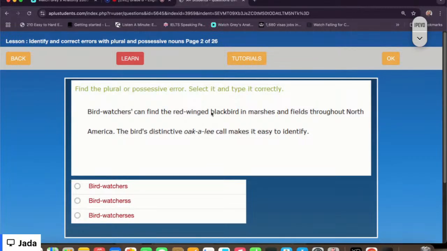Birdwatchers can find the red-winged blackbird in marshes and fields throughout North America. The bird's distinctive oak alley call makes it easy to identify.